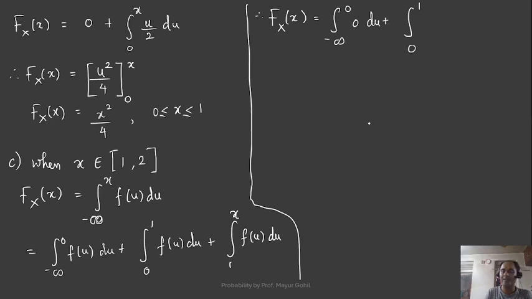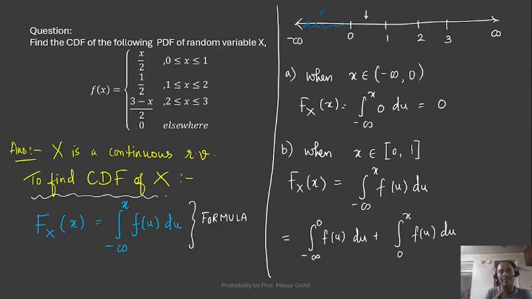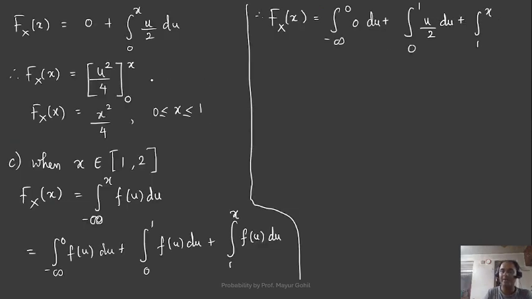So you have u by 2 du, and here from 1 to x, the value of the function in the interval 1 to 2 is half. So I'll write here it is half du.